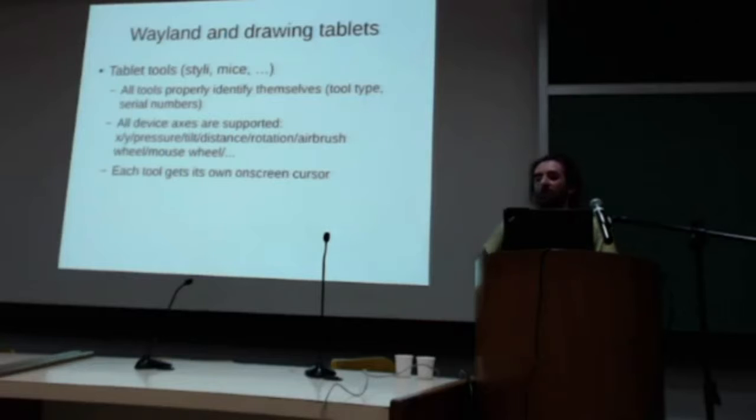So now you can actually have tools identifying themselves, as in saying that, yeah, I'm an airbrush, I'm a mouse, I'm a simple pen, and whatnot. So the application can make use of that. And they also provide serial numbers, which is static to the hardware device itself.